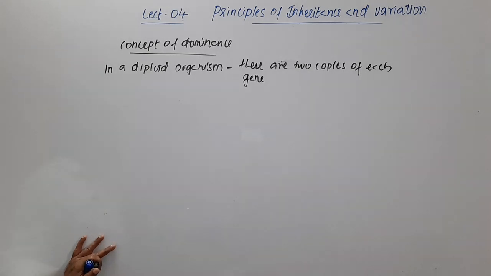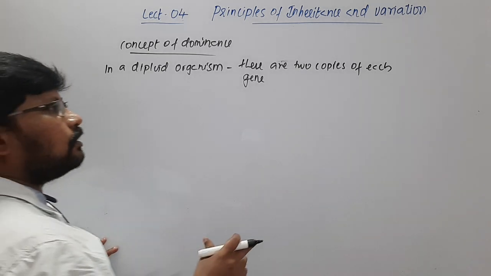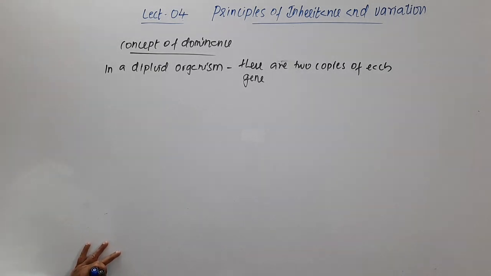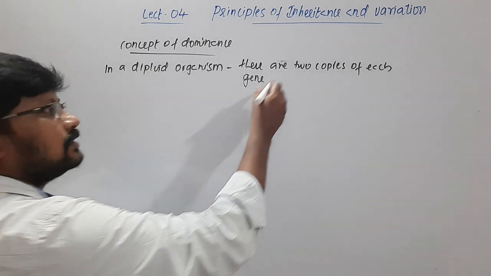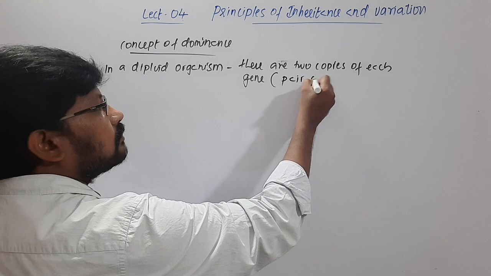So in a diploid organism, there are two copies of each gene. Those two copies of each gene are what we call a pair of alleles.